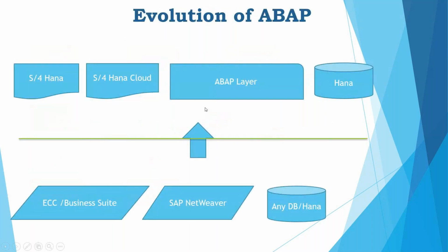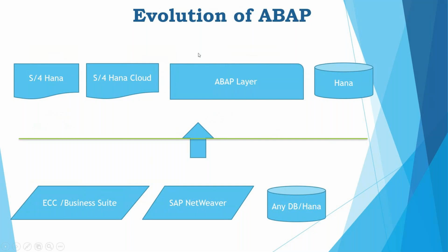Now coming to the evolution of ABAP. What is ABAP, and what is the role of ABAP, which is available in BTP and also in S/4HANA? If you look at this diagram on the screen, ECC is the old approach and SCP NetWeaver is also an old approach, and any DB, of course Oracle DB, before S/4HANA. Then there is a paradigm shift: instead of ECC we have S/4HANA, and a little more advanced, we have S/4HANA Cloud, which is available in BTP.